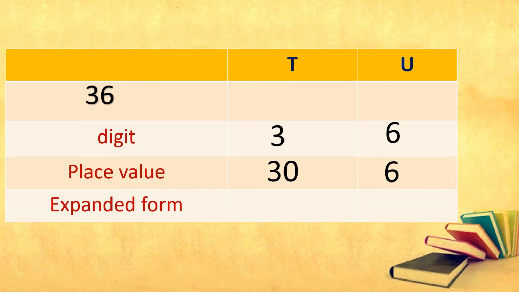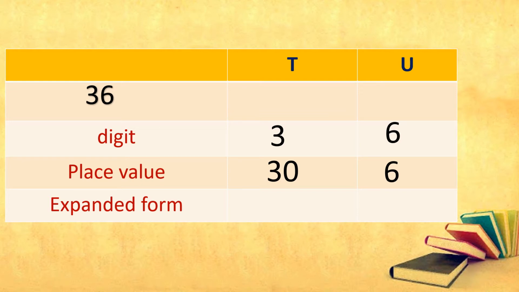Let us see, children, what is the expanded form of number 36. In number 36, digit 3 is in tens place and digit 6 is in ones place. Now, let us find out the place value of each digit.